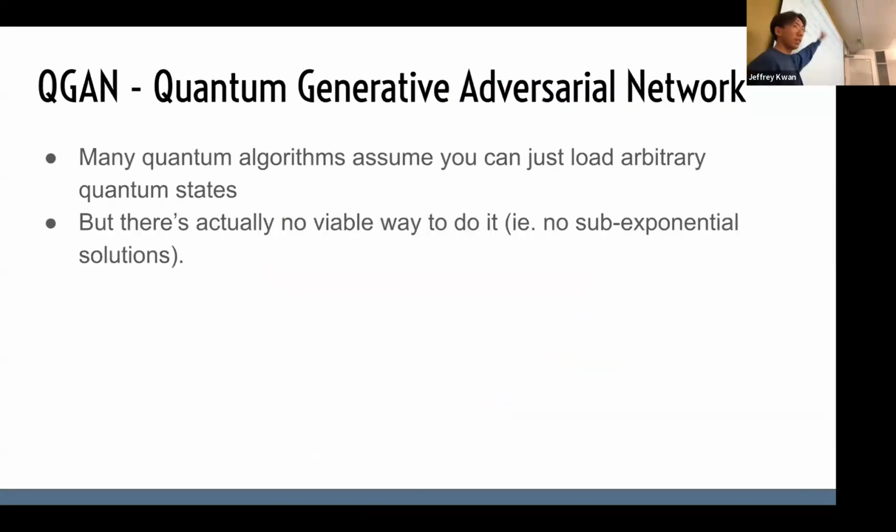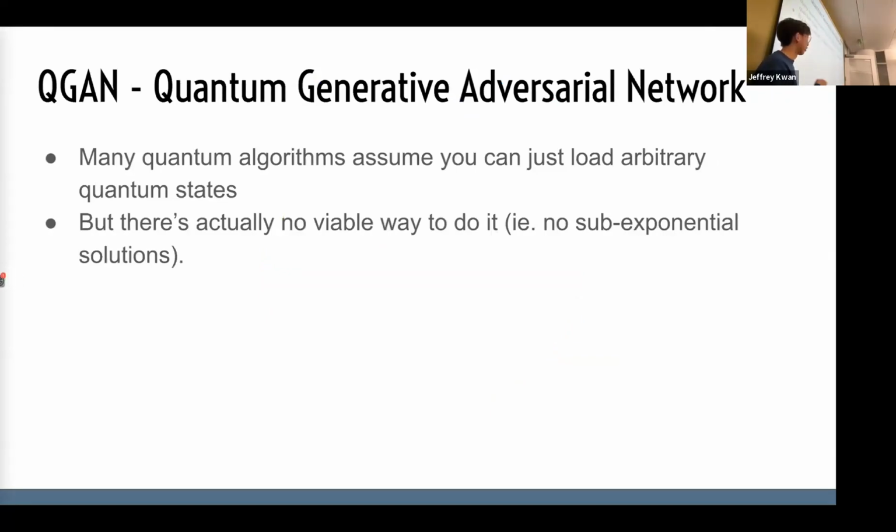I'm going to talk about the QGAN, which is like a GAN but quantum. So I'm going to describe the problem first, and then we can get into the algorithm. Usually, quantum algorithms assume that you can just load in a quantum state and then do whatever with it, right? But it turns out that's actually pretty hard to do. You can't just arbitrarily load in a state.